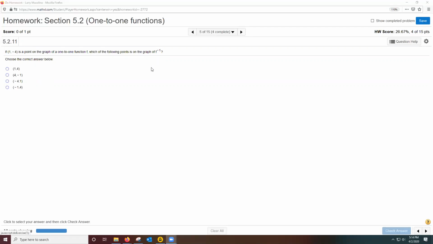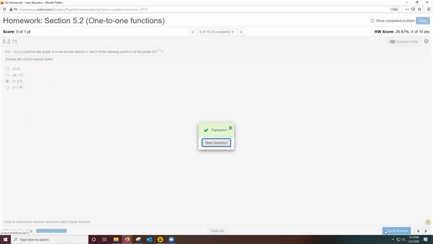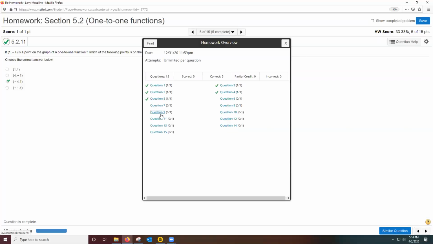Well, remember, when you go from a function to its inverse, the x and y values swap around. So if 1, -4 is on the original function, then you got to flip it to make it -4, 1 on the inverse function. Okay, so the x, y values always swap from a function to its inverse.